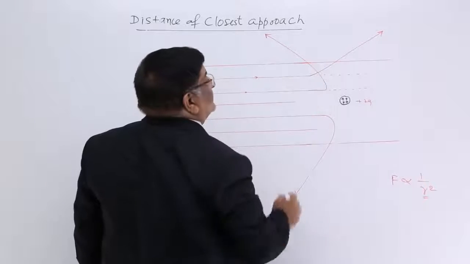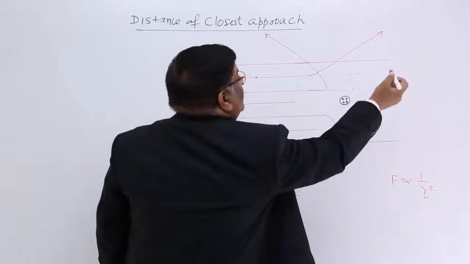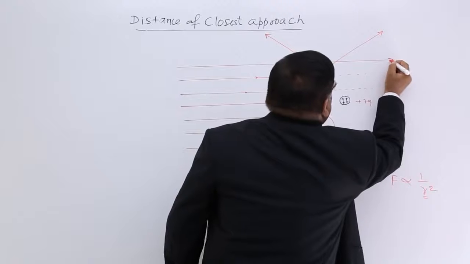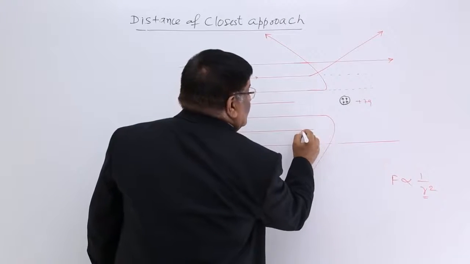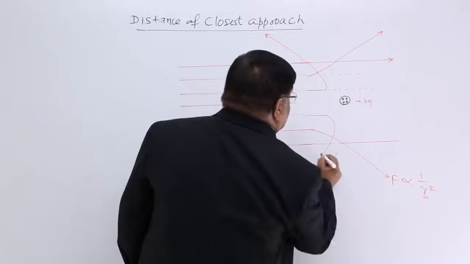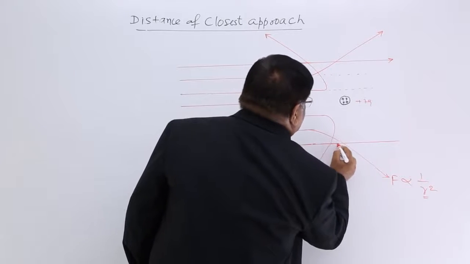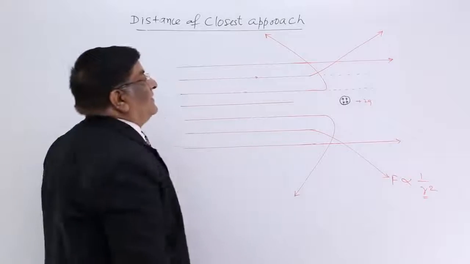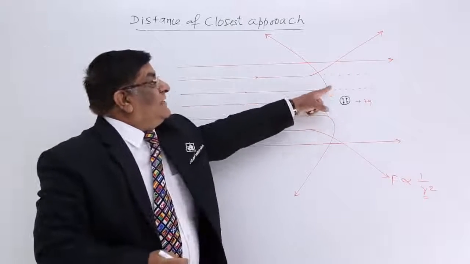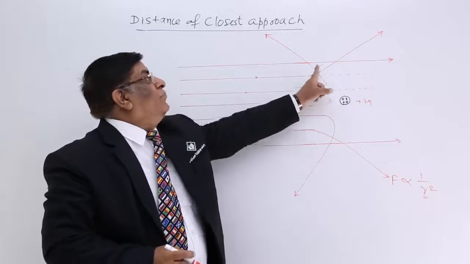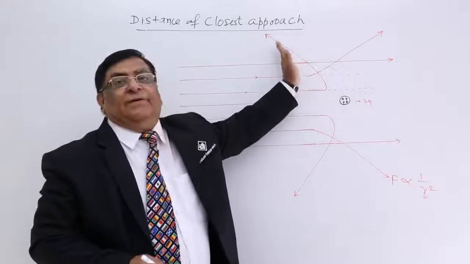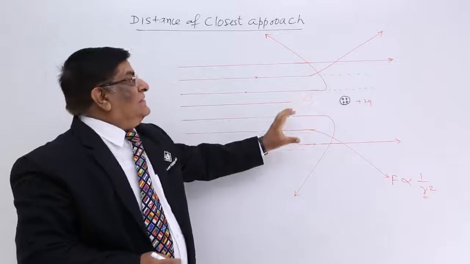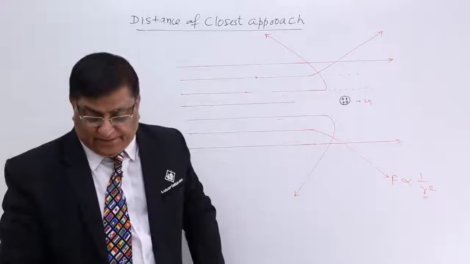What will happen to this? This is far away, no force acts on it, so it goes straight. Similarly, this one goes in this direction, and this goes straight. You see, the closer it is, the more is the force and the more is the angle of deviation. This is what happens in it.